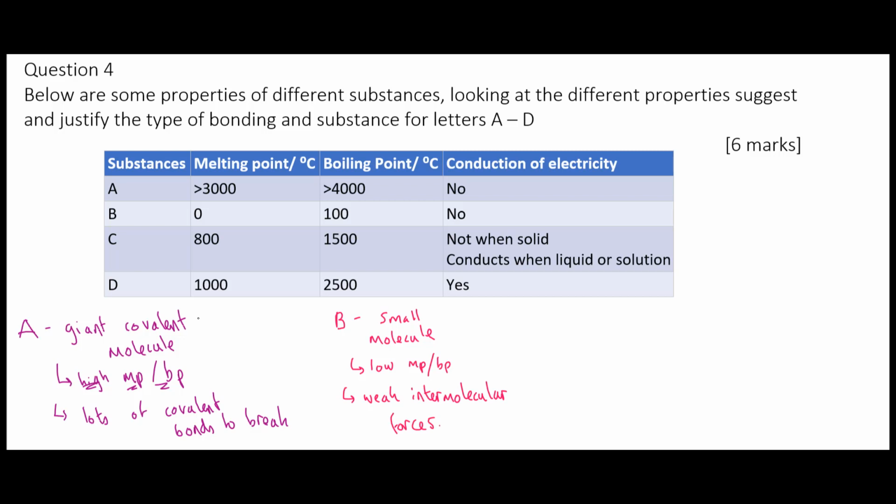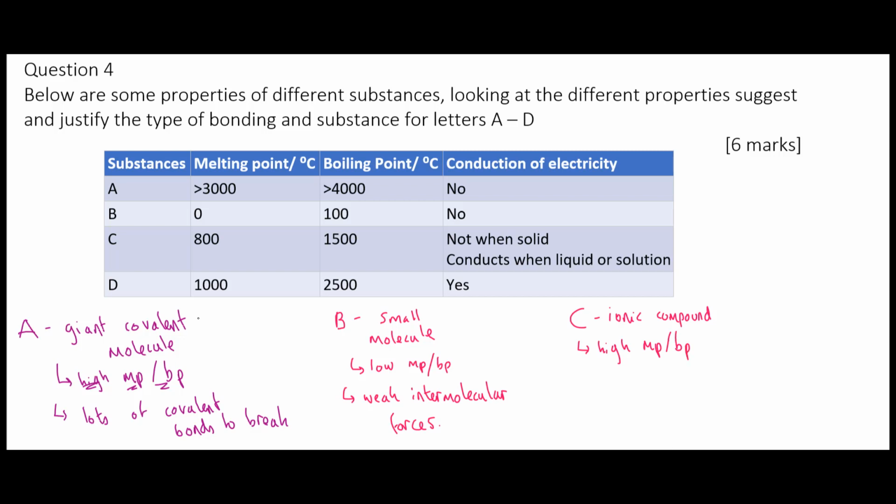Okay, let's look at substance C. Now, as you can see in substance C, the melting and boiling point is quite high. And it also conducts electricity when a liquid or as a solution, but not when it's a solid. So that must tell us that substance C is an ionic compound. We know it's an ionic compound because it has a high melting point and boiling point.